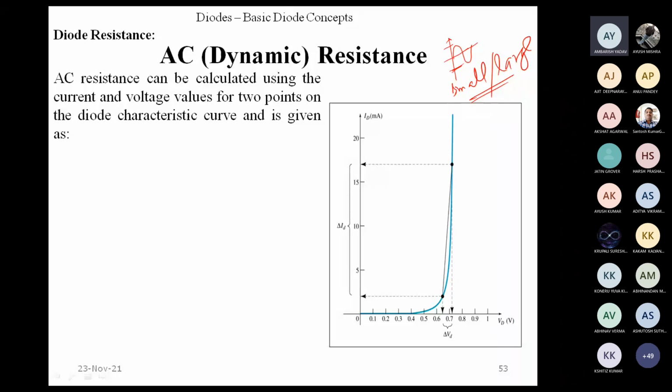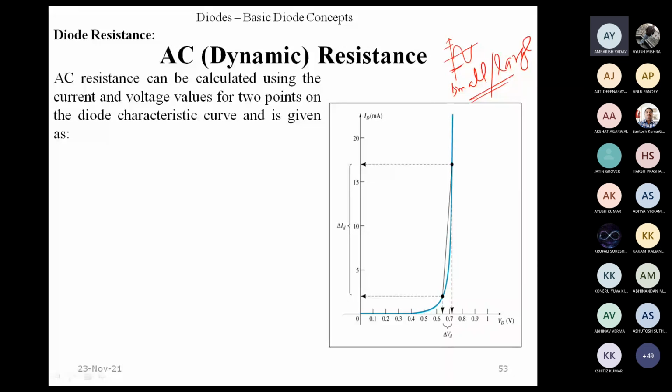And large means a few volts or a few tenths of amperes of current. Those things we can consider for now, but that is not a good definition of small and large.